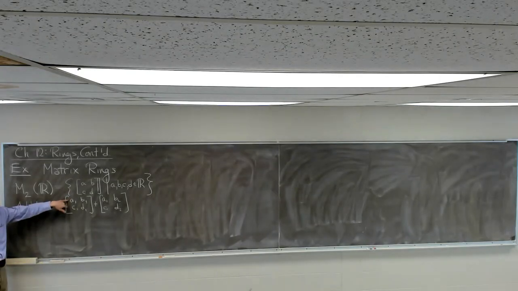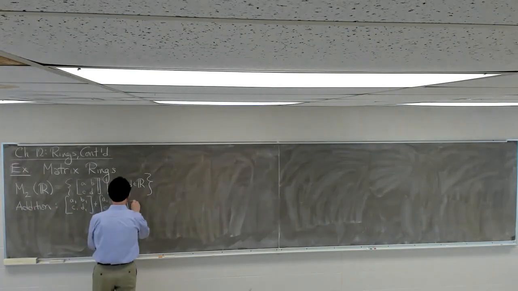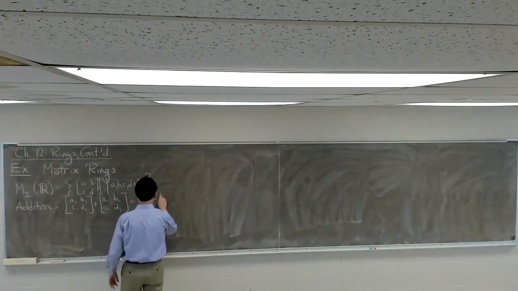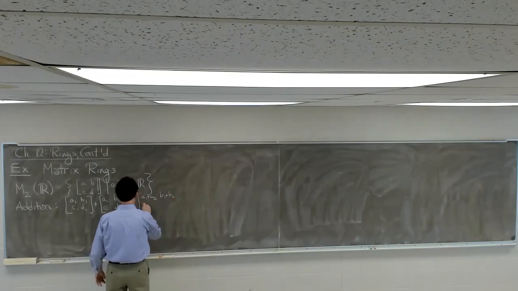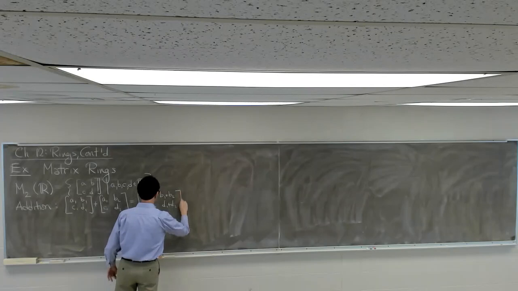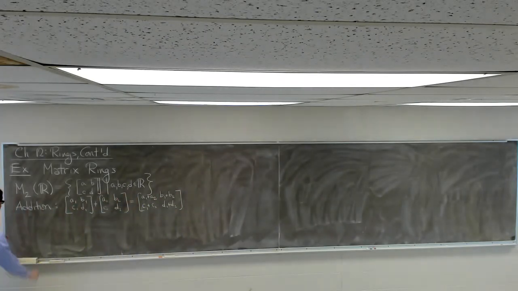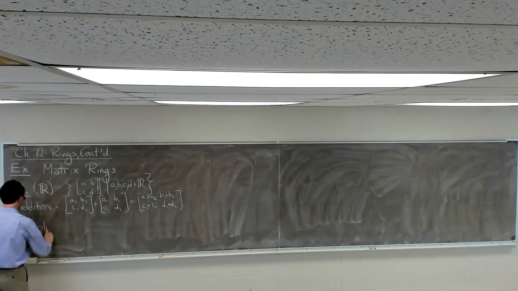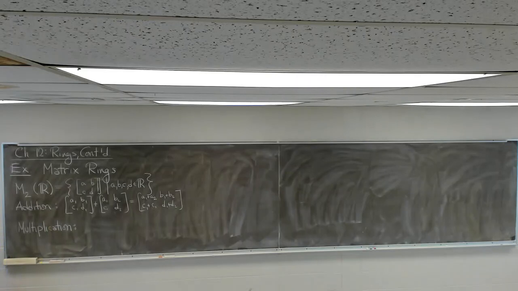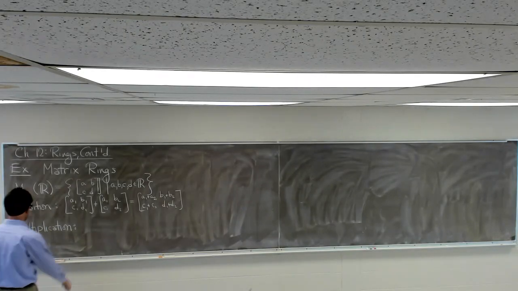The addition is just defined by summing entry-wise. The sum here would be given by this, and then the multiplication is just the usual, so I won't write out the rule for that. We've been using that throughout the semester, so the multiplication here is just the usual.